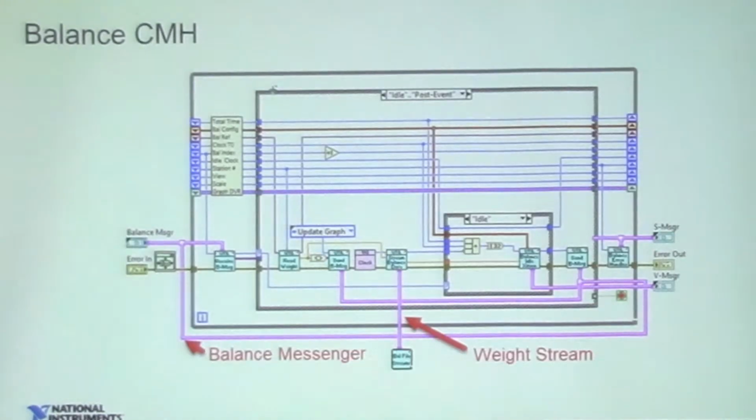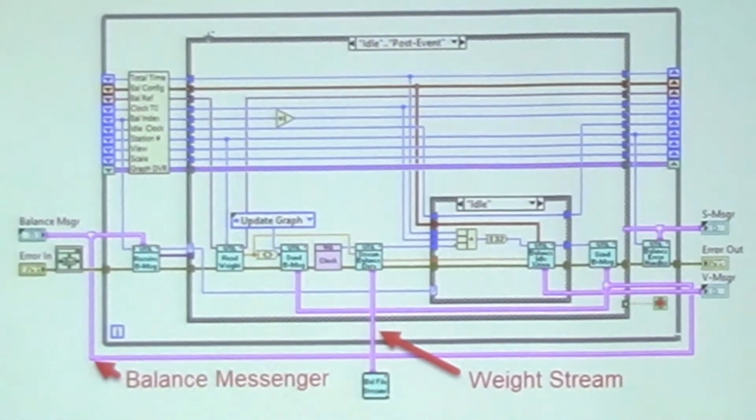I should have shown you that. Update graph. There's update graph. So it sends itself a message, update graph. So it's in idle, it sends itself update graph. And here it sends itself maybe another idle. So what happens? We've got two things on our list of things to do.